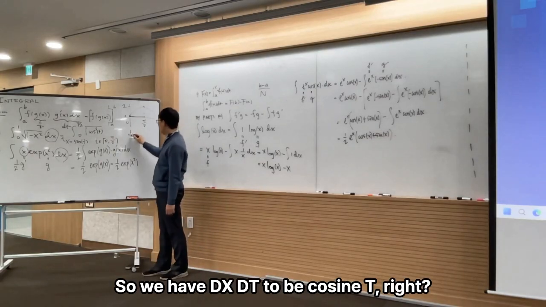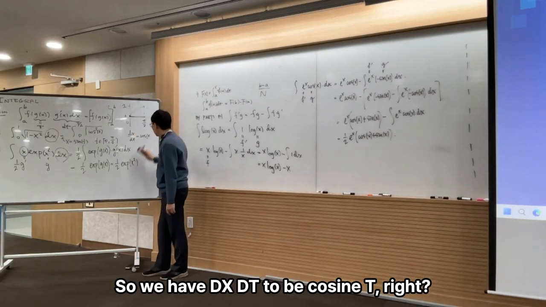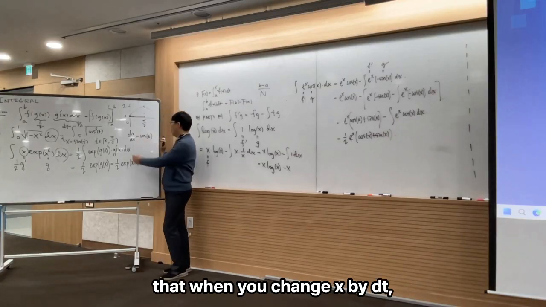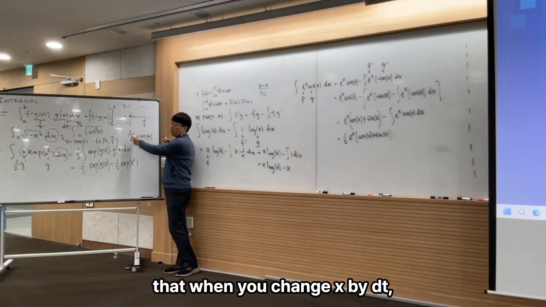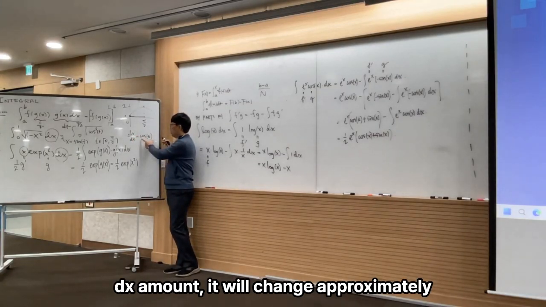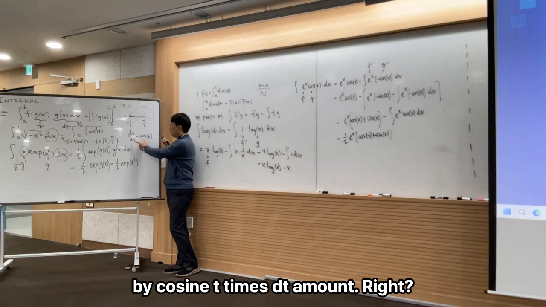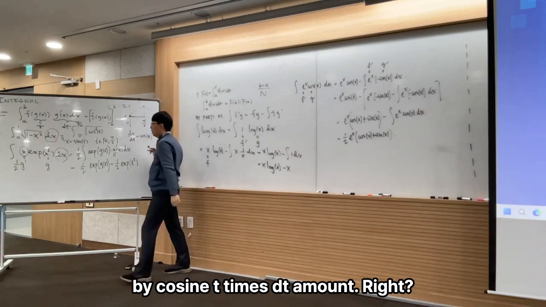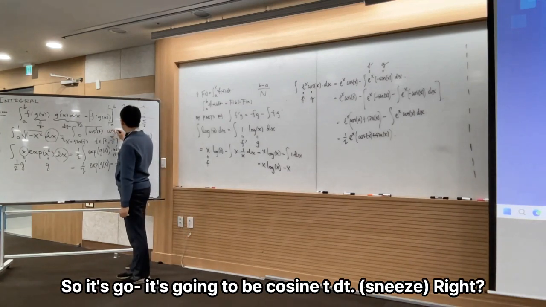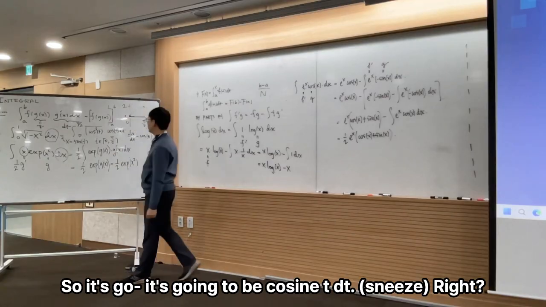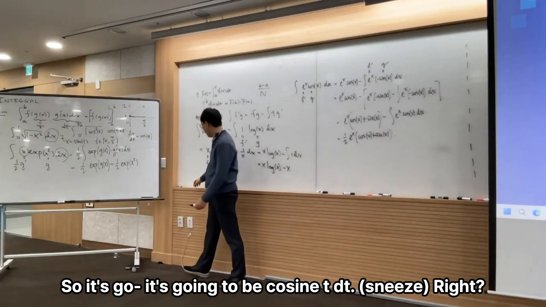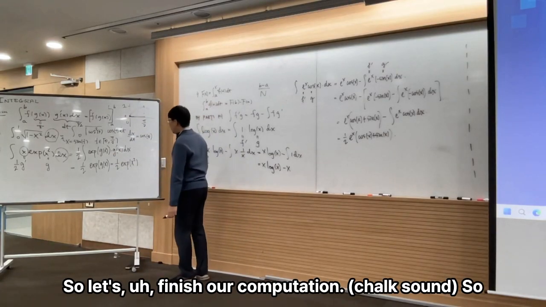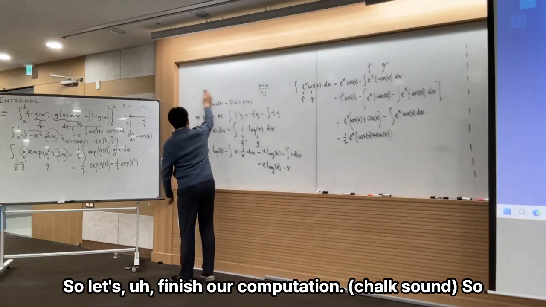We have dx/dt to be cosine t, right? So we know that when you change x by dx amount, it will change approximately by cosine t times dt amount. So it's going to be cosine t dt. So let's finish our computation.